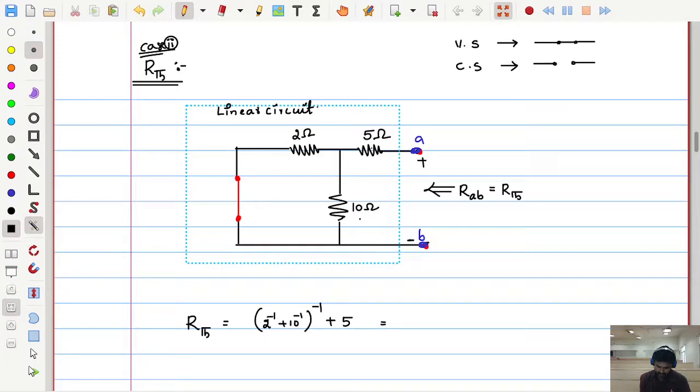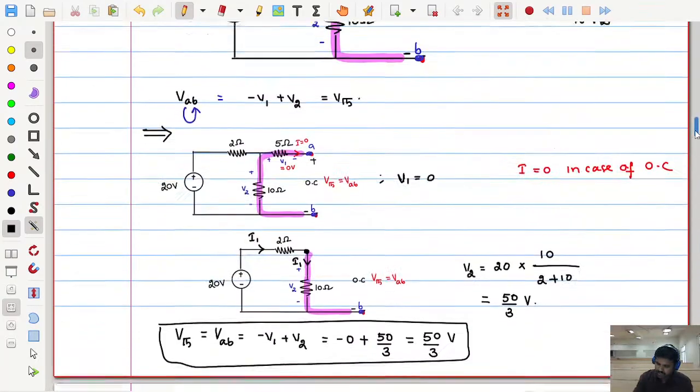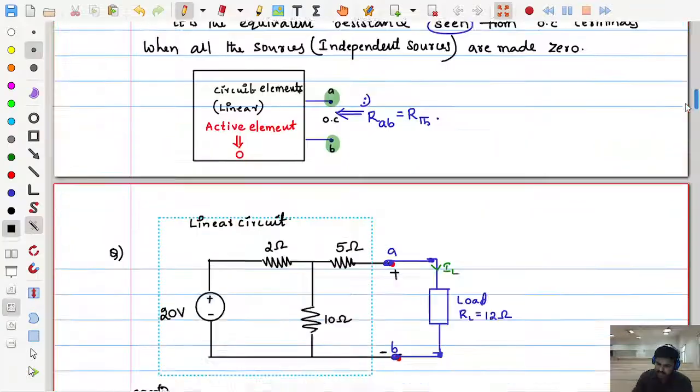That is what I am doing here. 6.6, sir. 20 by 3. Yes, 20 by 3 ohms.